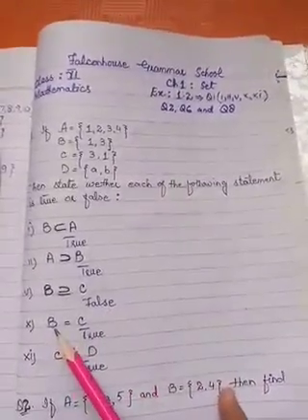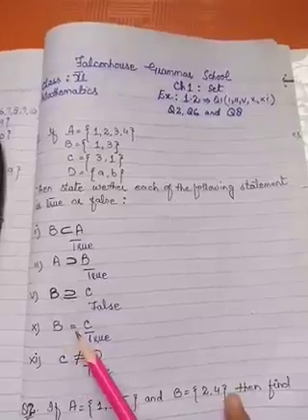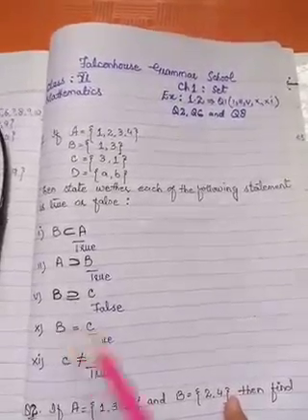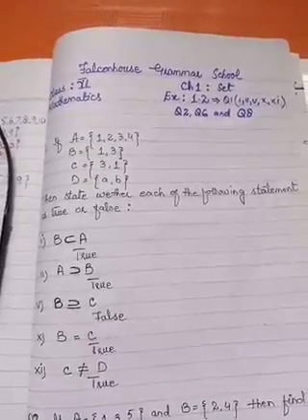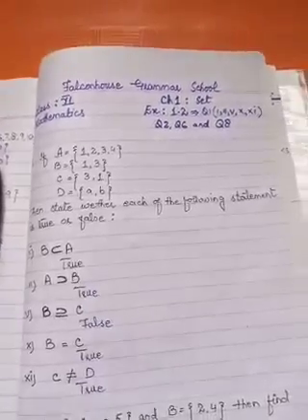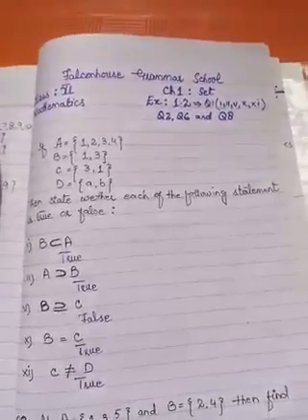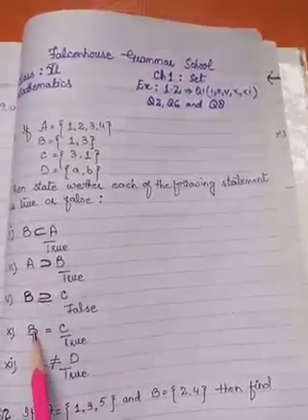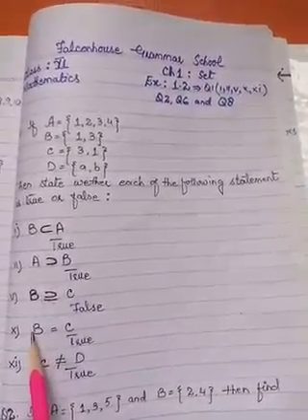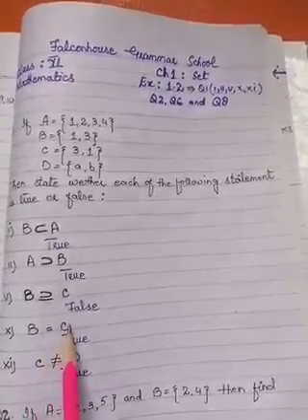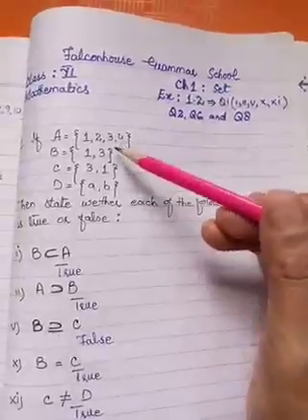Right? Now come to the 10th part. B is equal to C. This shows the equal set. What I explained to you for the equality of sets is that all the members are the same. A is a subset of B and B is a subset of A. But here they ask us to take the sets B and C. Look, in set B, 1 and 3.